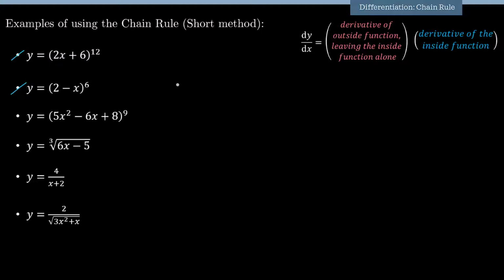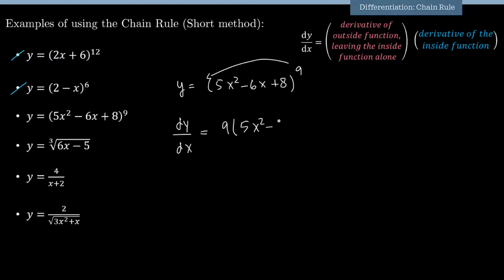The third example is y is equal to (5x squared minus 6x plus 8) whole raised to the power of 9. First, I am going to take the derivative of the outside function. So dy upon dx would be equal to, the power comes down, so this would be 9 times, and the inside function is left alone. So (5x squared minus 6x plus 8), and the power gets reduced by 1, so 9 minus 1, and times the derivative of the inside function.